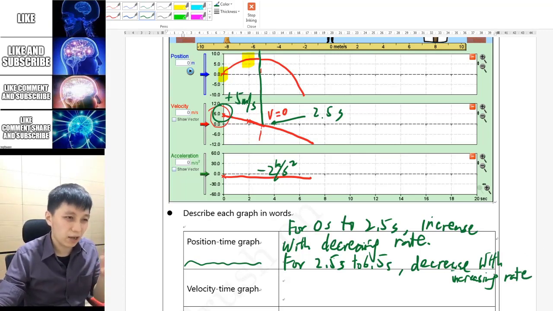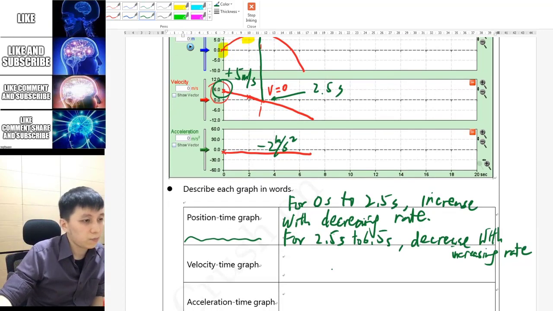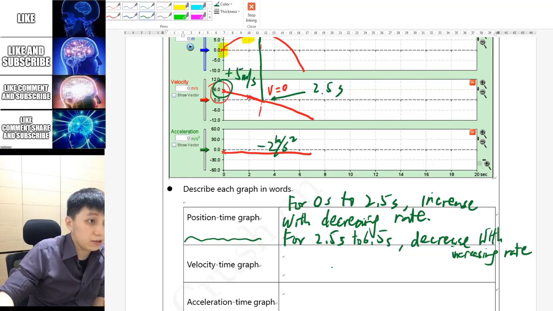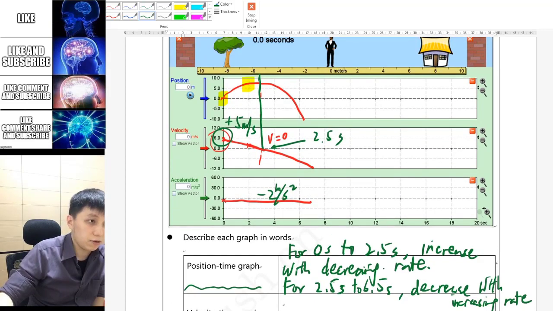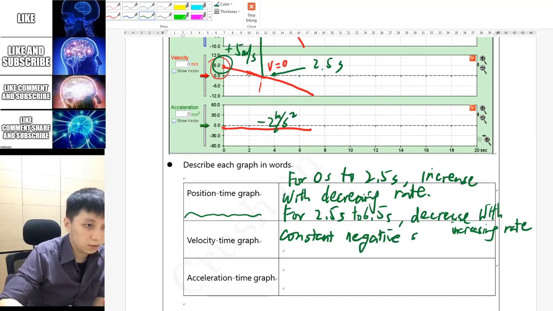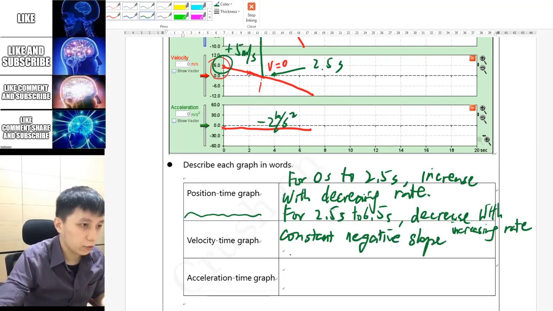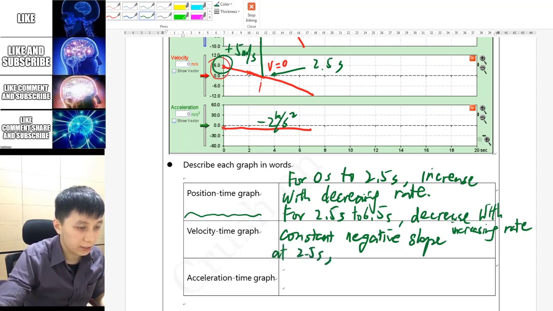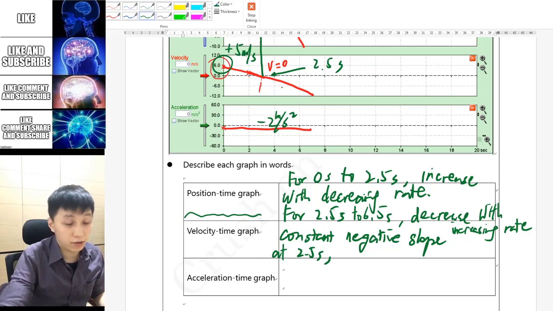It's kind of tough actually, like if you try to describe that. For velocity, what it is it will be decreasing, obviously, with the constant rate. So you can say it has a constant negative slope. You can also add one more thing, that is at 2.5 seconds, because this is a point where velocity equals 0.